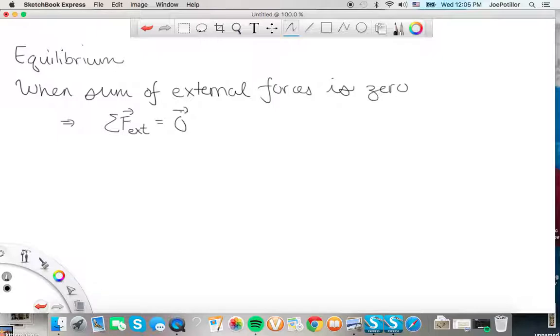Recall that even though mathematically the sum of external forces is 0 and the absence of external forces look exactly the same, there's a huge difference, correct? There's a technical but huge difference. The absence of external forces means we're following Newton's first law. The sum of external forces being 0 means something completely different, a situation which we call equilibrium, or dynamic equilibrium, another way of saying it.